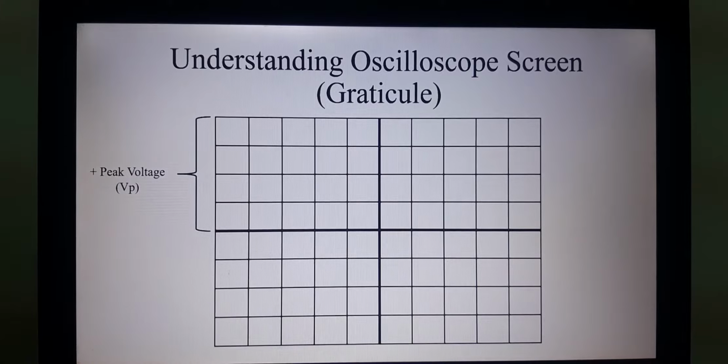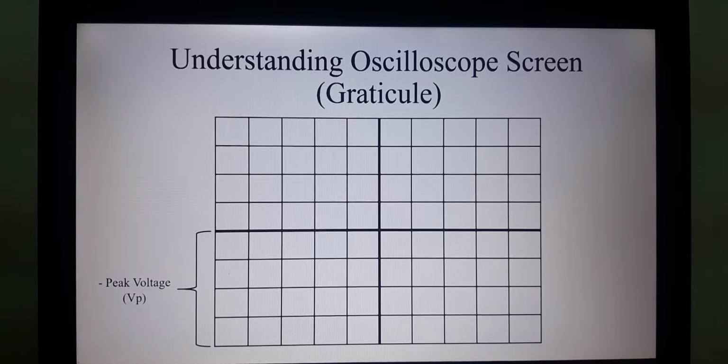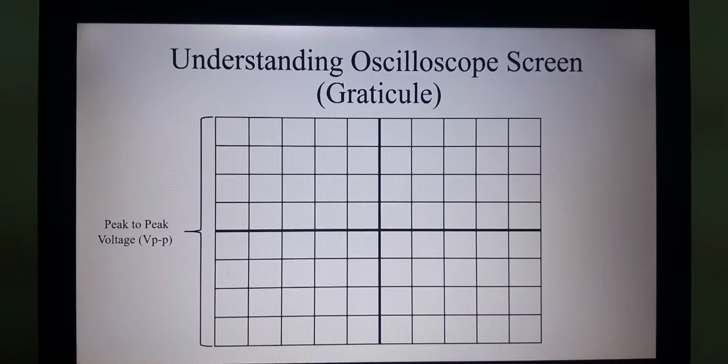We have the positive peak voltage, the upper portion of the vertical axis. Then we have the negative peak voltage, which is located at the bottom of the vertical axis. Then we have the complete set of the peak-to-peak voltage, including the upper portion and the lower portion of the display vertically.